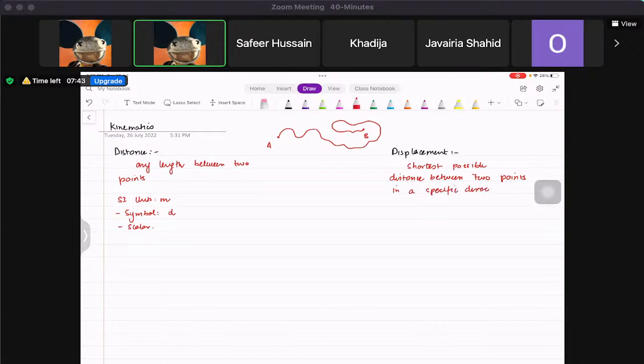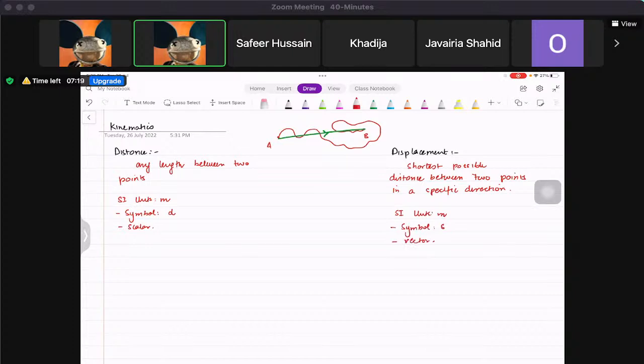So let's suppose that you're really rich, you got a helicopter and you want to go from A to B. You can directly go like this, okay, in a straight line. That would be displacement. Okay. Now the SI units are meters. The symbol is S and it is a vector.